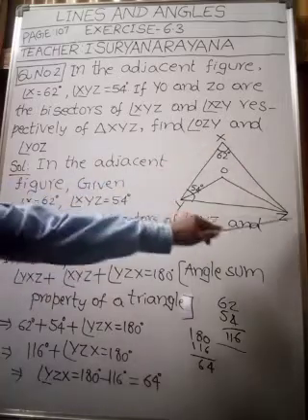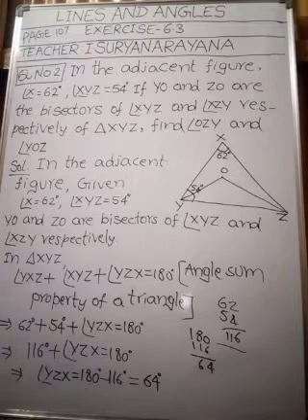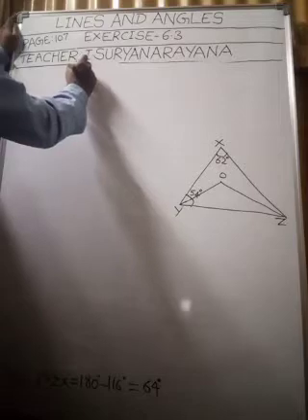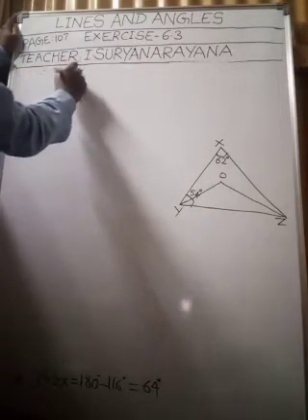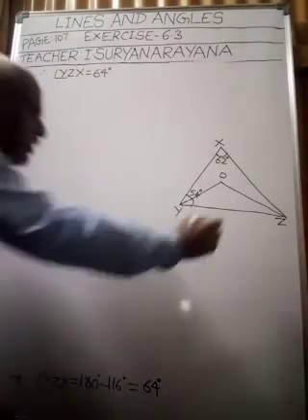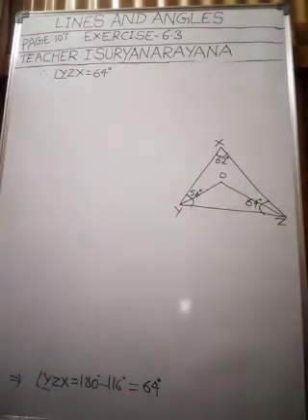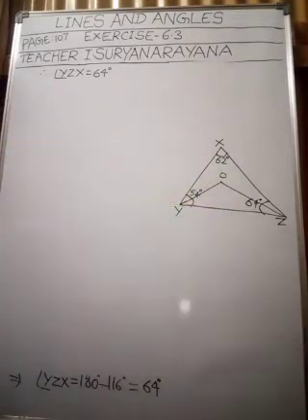It means this angle. Okay, my children, understood this point? Right. So what we got here, angle YZX is equal to 64 degrees. Therefore, we got this angle 64 degrees. Understood this point, my children? I wrote the measurement of this angle here in this figure.